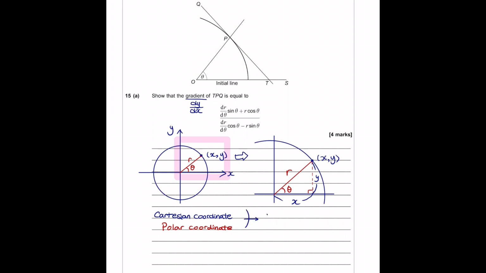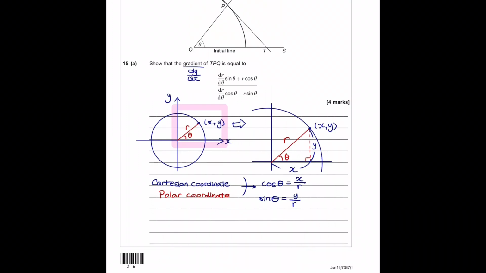In order to find the relationship, let's think about the definition of cosine theta. It should be x over r, adjacent over hypotenuse. How about sine theta? It is y over r, opposite over hypotenuse. Therefore, we can say that x is r cos theta and y is r sine theta.